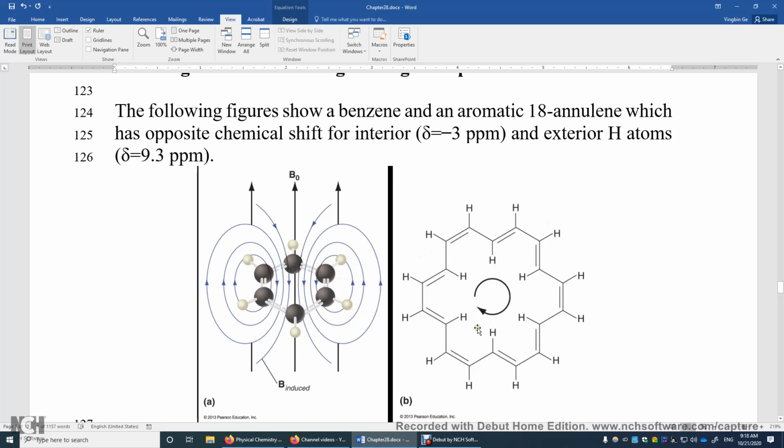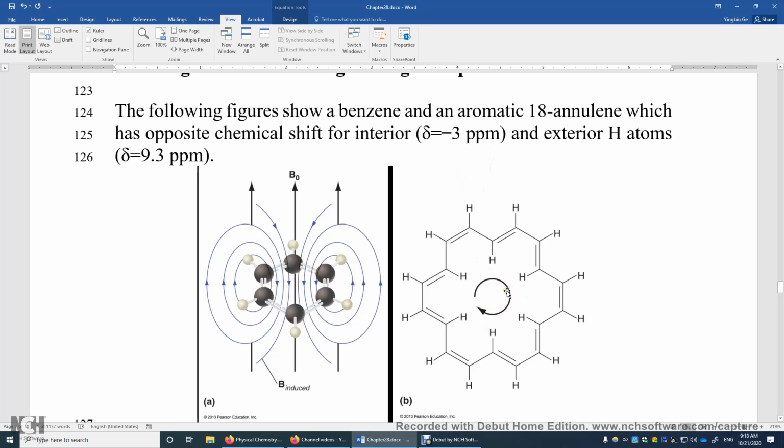Same here, but in this case, you have hydrogen atoms outside the ring and hydrogen atoms inside the ring. If you look at this picture, it's very clear. This effect is the opposite when the hydrogen is inside the ring versus the hydrogen atoms outside the ring. The chemical shift for the atoms inside this aromatic ring has a delta of -3 ppm.